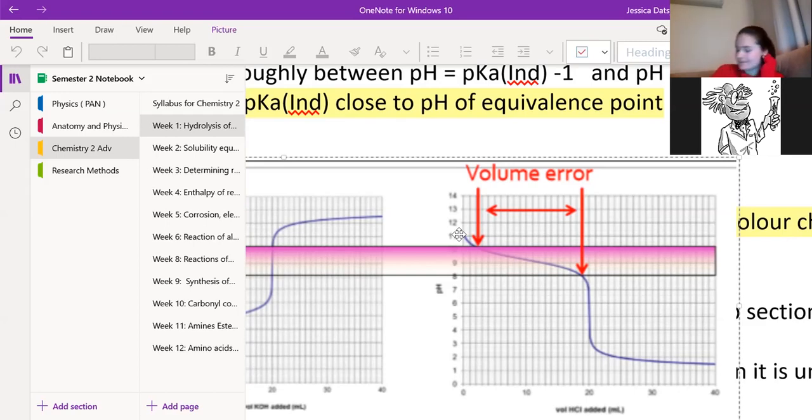Are you sure? Yep. Perfect, that's correct. So the strong acid in this situation will have a pH of 1 at the beginning. And the base, because it's a weak base, is going to have a pH around 11, 10, 12, somewhere there. In this situation, the base used had a pH of 11. Perfect.